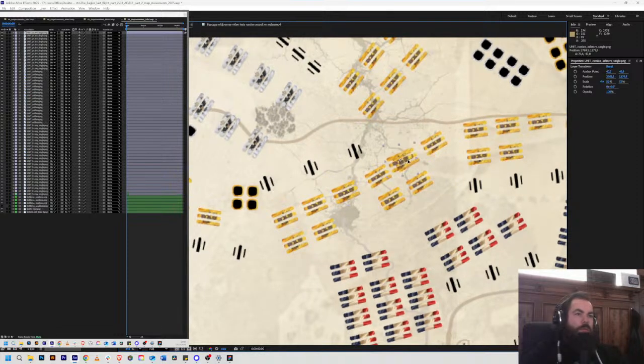I'm gonna need another unit here. Here. Here. And those two or those two? I go for those two.